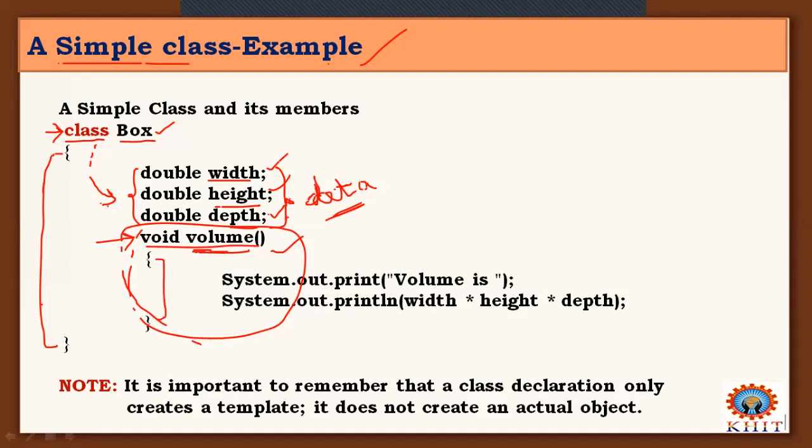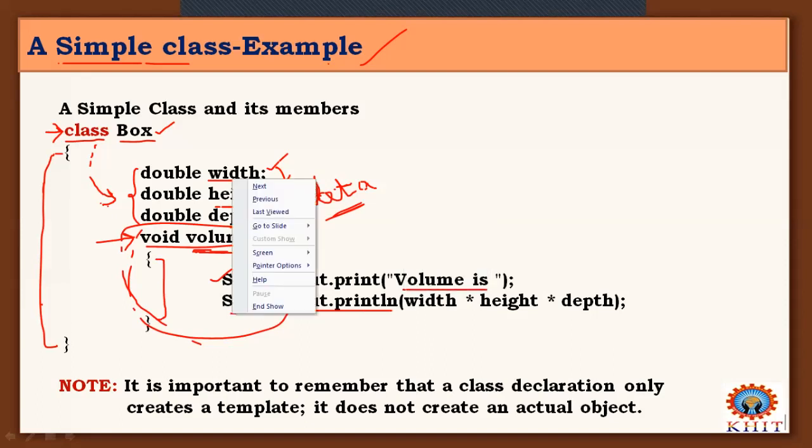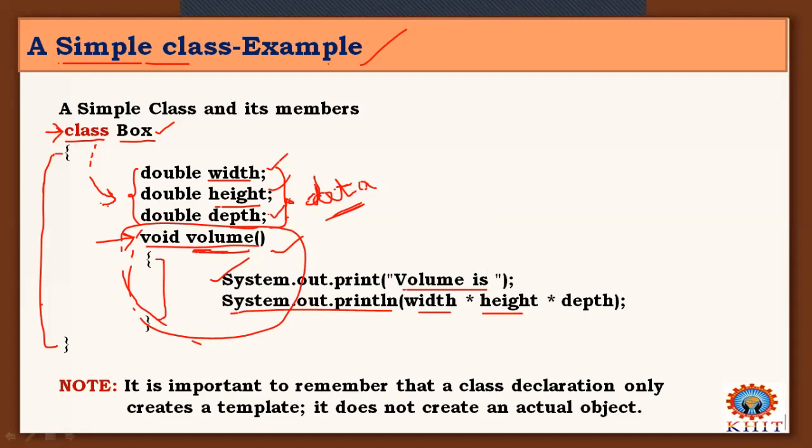Inside it I have a statement System.out.println, printing the volume of the box: width multiplied by height multiplied by depth. Together this value is displayed on the screen. So this is a simple class example, the Box class.